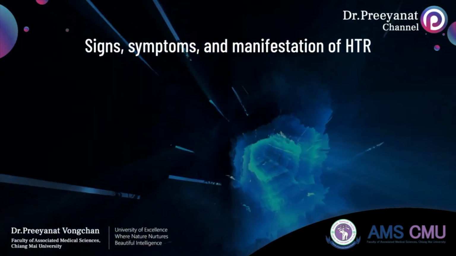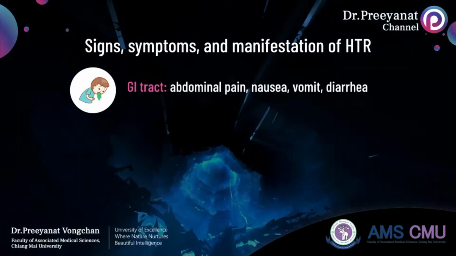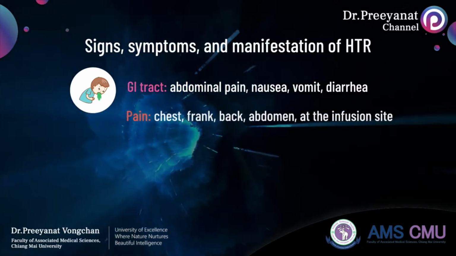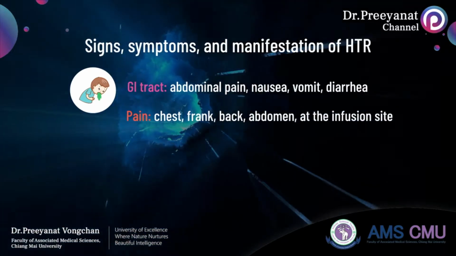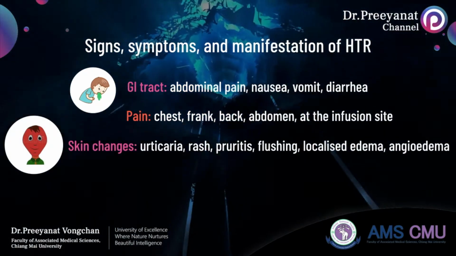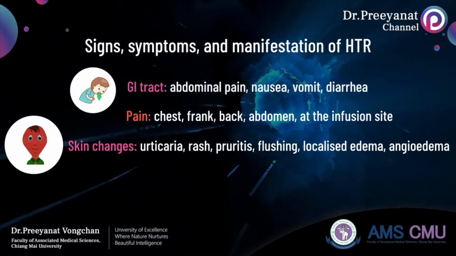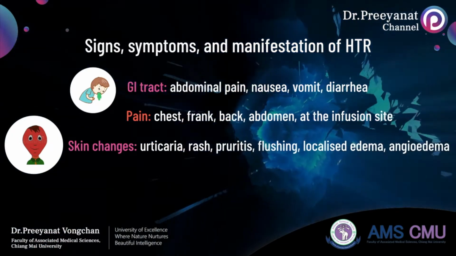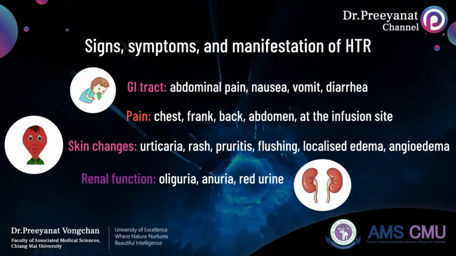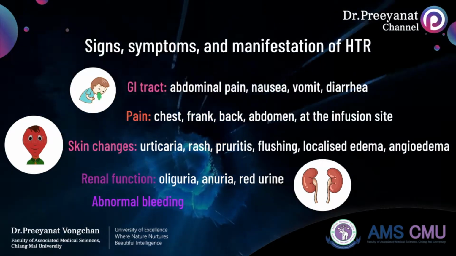Other signs and symptoms are disturbance in the gastrointestinal tract such as abdominal pain, nausea, vomiting, or diarrhea; pain of chest, flank, back, abdomen, or at the infusion site; skin changes including urticaria, which may itch, rash, pruritus, flushing, localized edema or angioedema; renal failure presenting as oliguria, anuria, or red urine; and abnormal bleeding, which may be observed as blood oozing at the infusion site or surgical lesions.